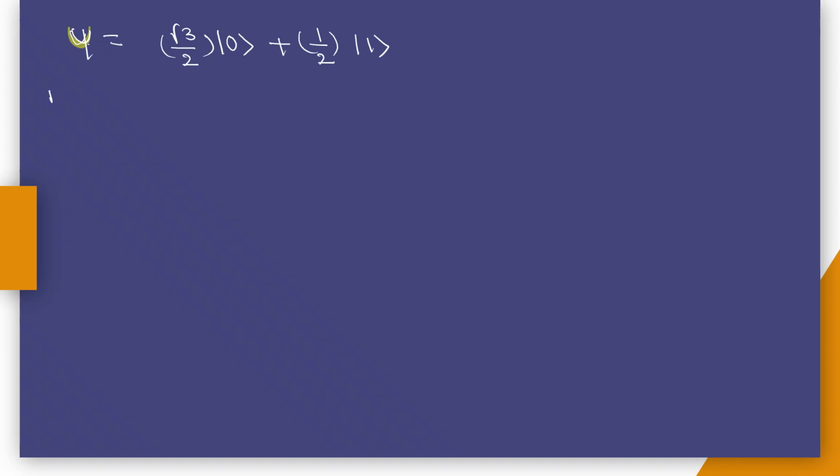He is asking to find the probability of measuring state 0, and he is also asking about the probability of measuring state 1.